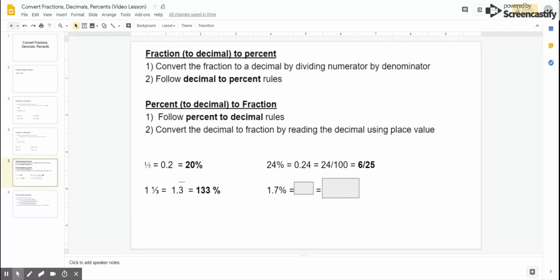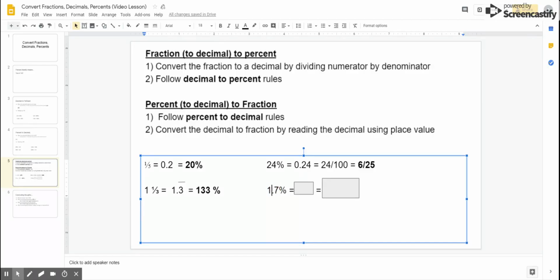All right, in the last example, we have 1.7%. We have a percent to a fraction. So here's our percent. Even though there's a decimal, it's still a percent. There's a percent symbol. So we're going to change this first to a decimal.